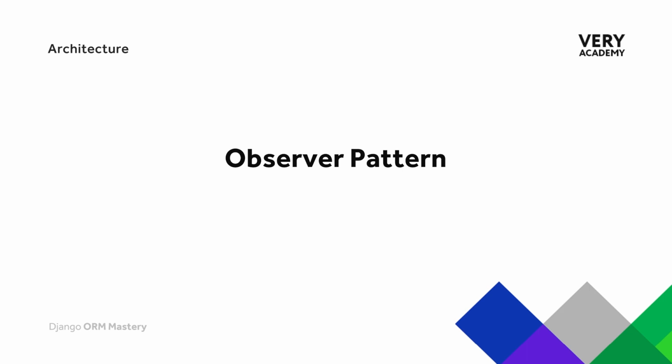In software engineering, a design pattern is a general, repeatable solution to a commonly occurring problem in software design. The observer pattern is a behavioral design pattern that will let us define a subscription mechanism to notify multiple objects about any events that happen to the object.